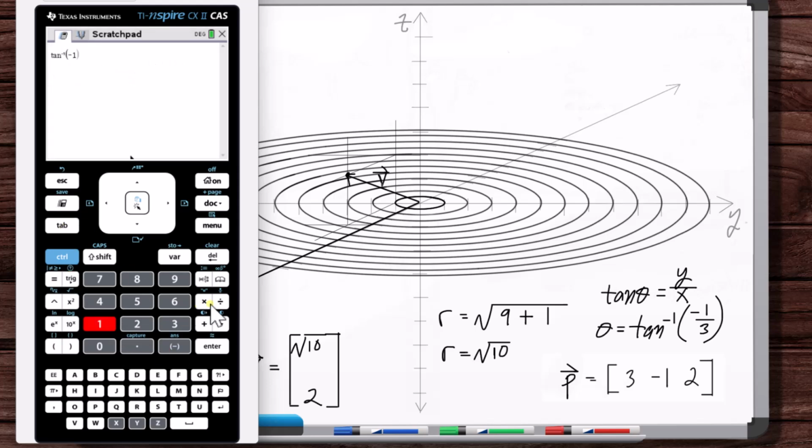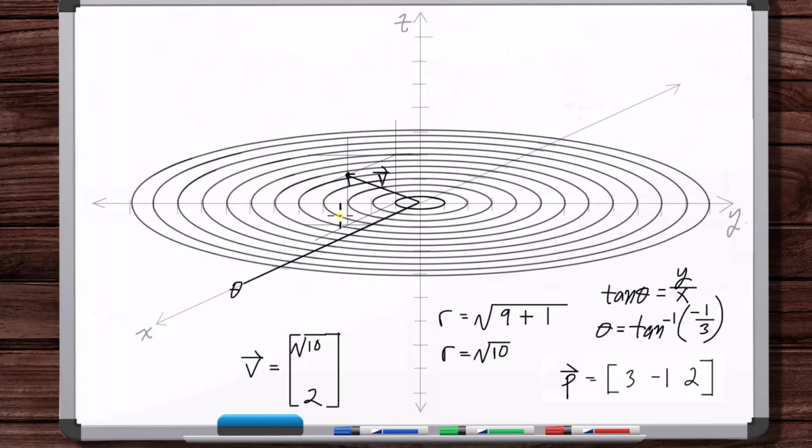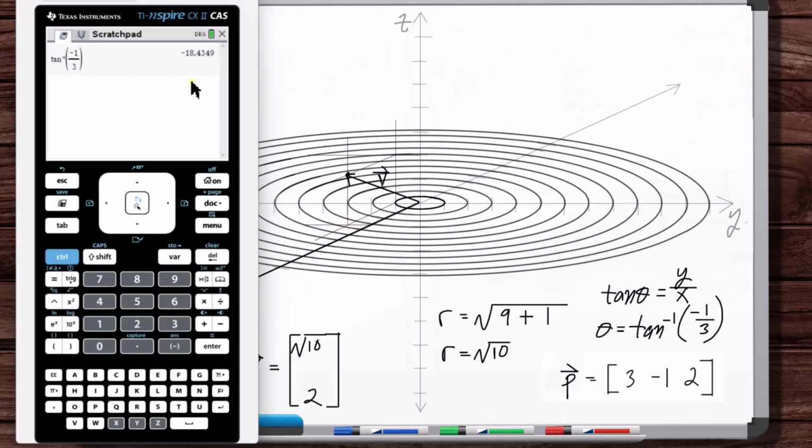Arctangent of minus 1/3 is minus 18.4349 degrees, but we know that the inverse tangent function is just going to give you something between minus 90 and 90. But there are two angles between 0 and 360 whose tangent is equal to minus 1/3. So we need to analyze our problem here to see what angle we've got. And it looks like it is going to be about minus 18. So we can just go ahead and use this.